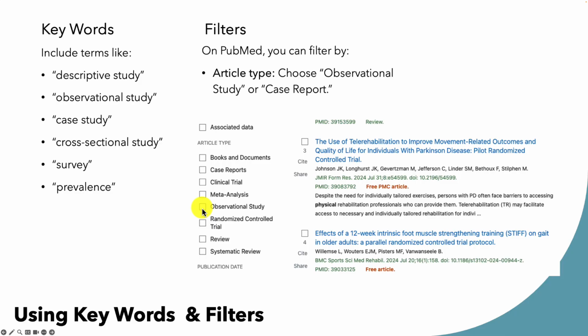So I clicked that. What else was in there? Descriptive study, I believe, was in there. Nope, case reports right here. Here's another one, case studies or case reports. So I can go into PubMed, I could type these terms, or I could go in there and get my filters put on. And that's what helped me find the research that I was looking for.